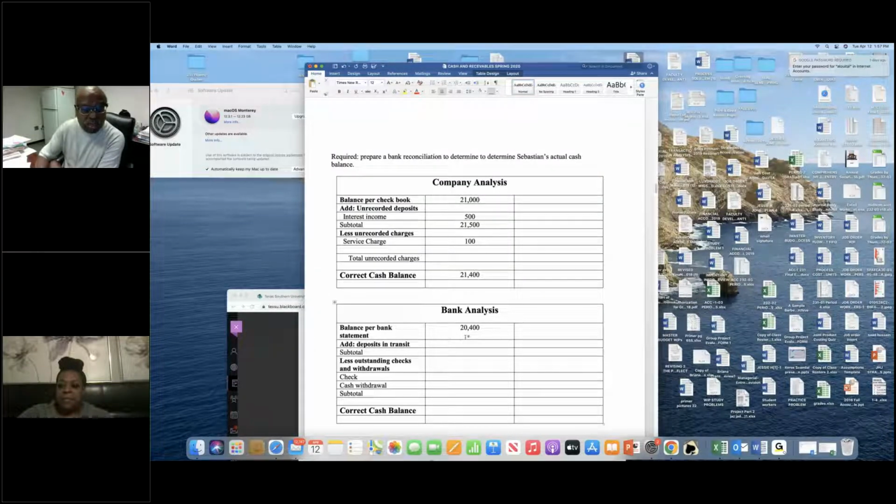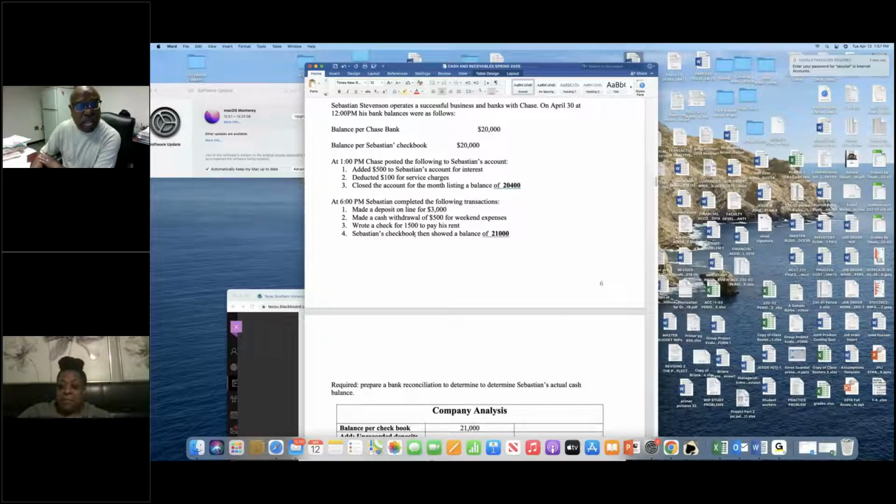So this gets it up to 23,400. The bank also does not have, because it's after that time frame, the cash withdrawal of 500 and the check for the rent. And those items are going to clear.